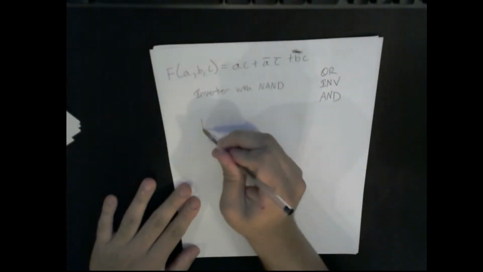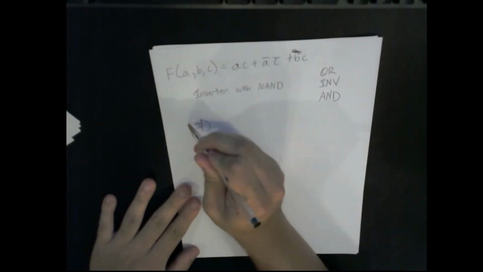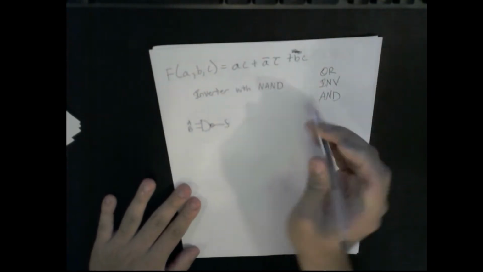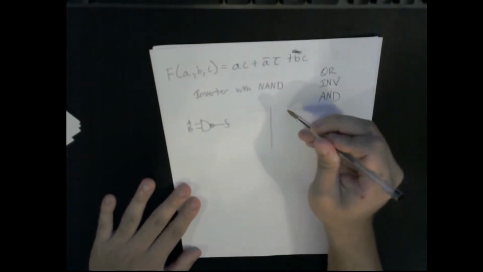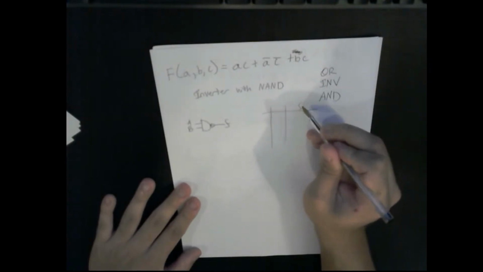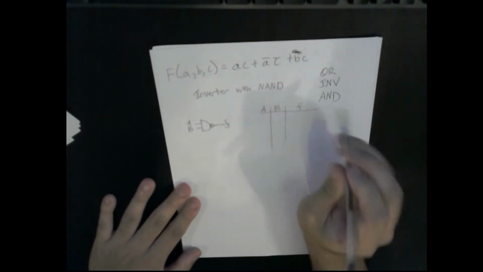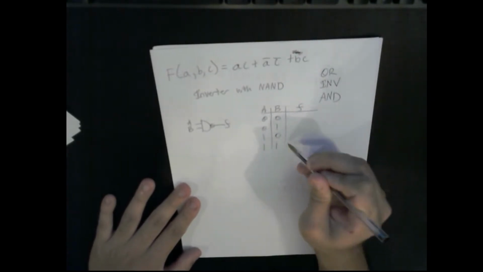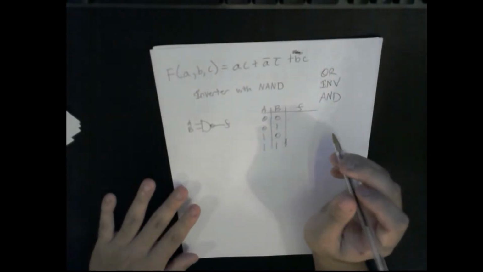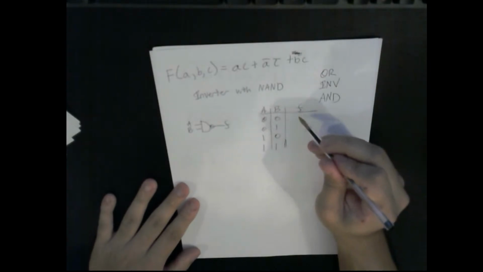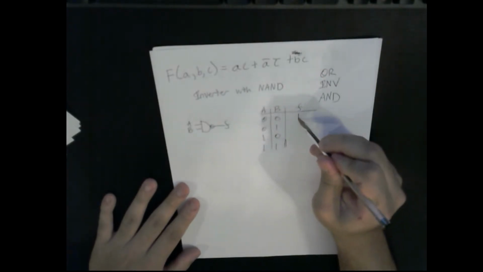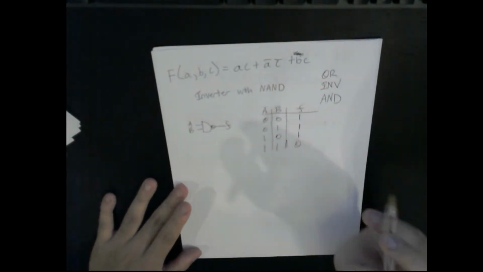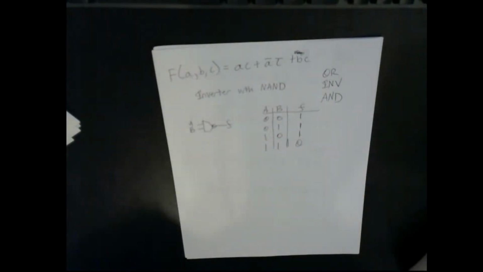Well, I can draw a NAND right here, and I can draw a truth table. This is the opposite of an AND. So this is our truth table.